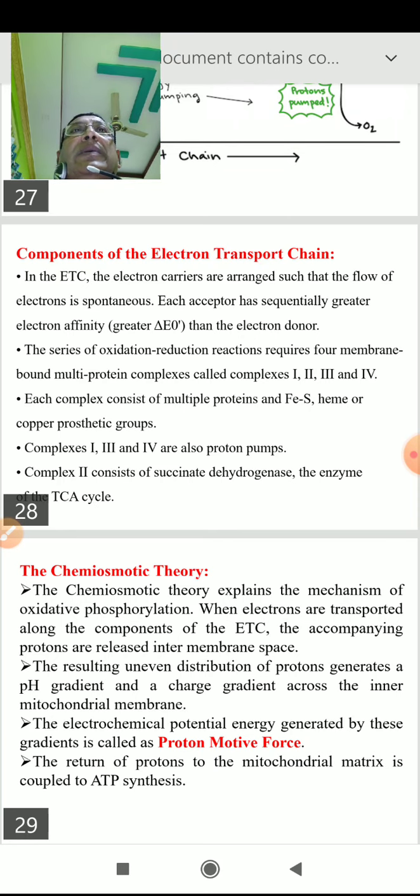Each complex consists of multiple proteins and iron-sulfur, heme or copper prosthetic groups. Complex 1, 3 and 4 are the proton pumps. Complex 2 consists of succinate dehydrogenase, the enzyme of the TCA cycle. And complex 4 ultimately transfers the hydrogen, which helps in the generation of water molecules.